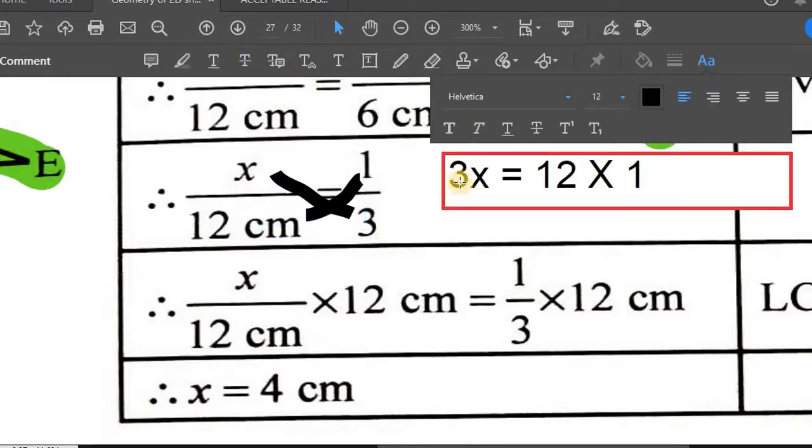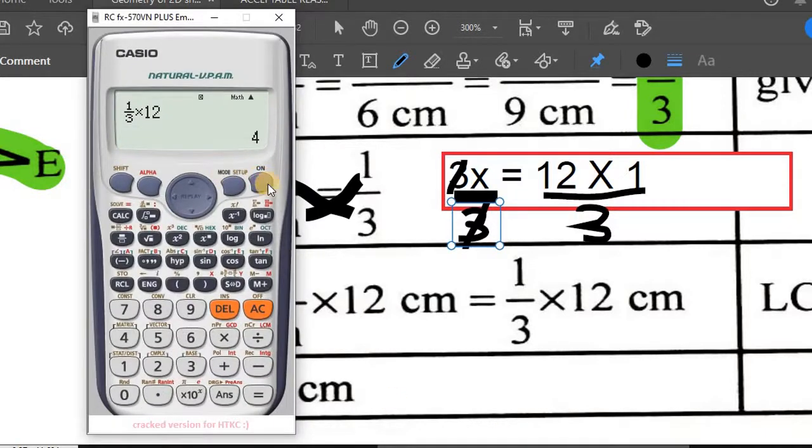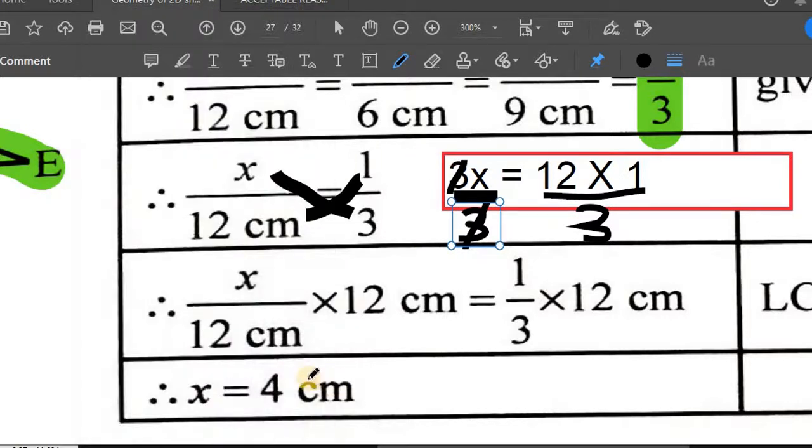So I'm saying 3x is equal to 12 times 1. Then I divide both sides by 3 to cancel. I'm left with x. 12 times 1 over 3 would give me 4. Right? Would give me 4.